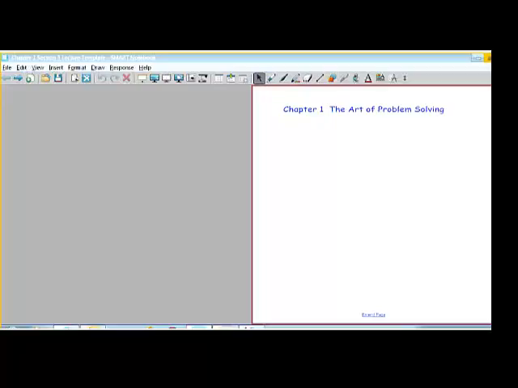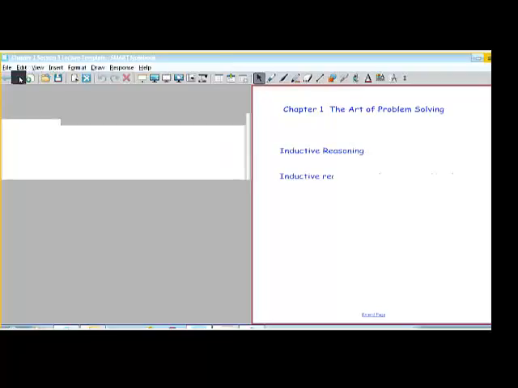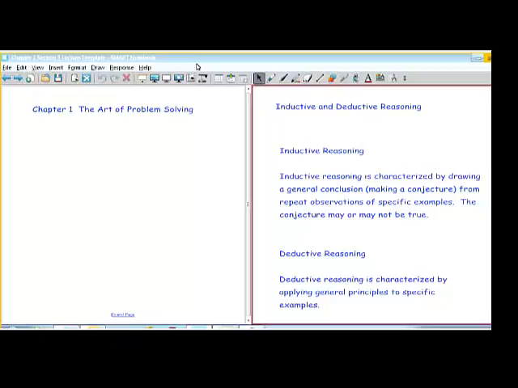Okay. So the first thing we're going to do is talk about what inductive and deductive reasoning are. Sometimes I'll just say it's in your book. So I would suggest you pay more attention, not feverishly write stuff down.